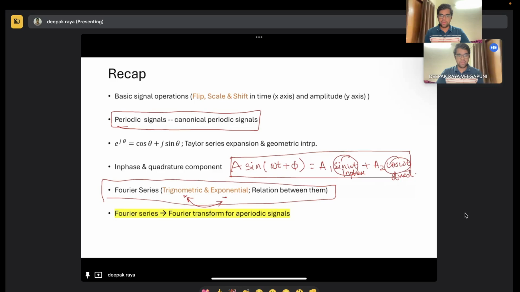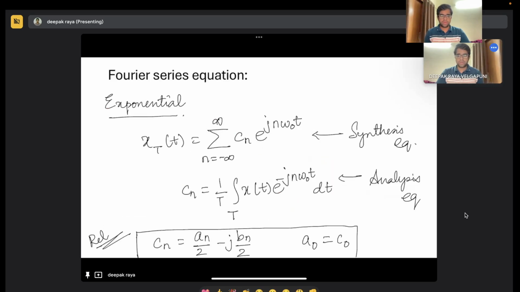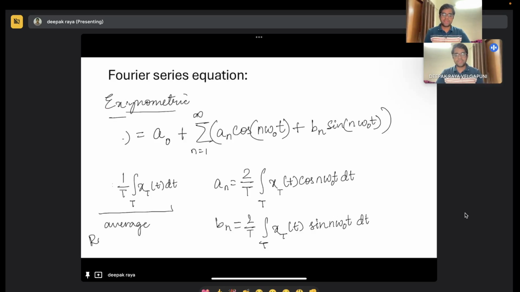So we'll start with today's lecture now. Just to revise the Fourier series equation, we generally represent a periodic signal x with time period T. That means the same signal repeats every T seconds.